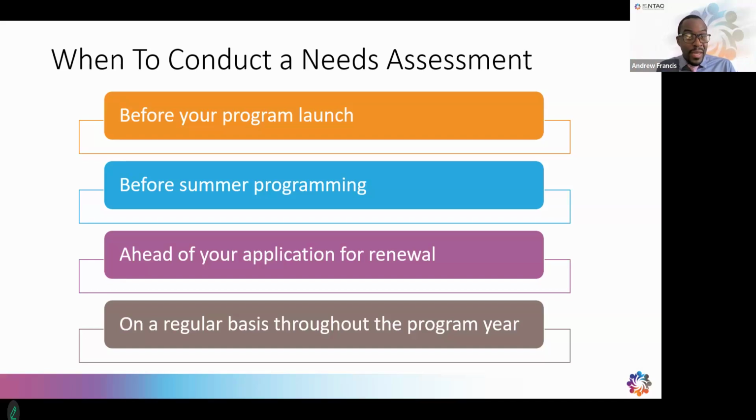Now, as you're implementing, you probably start program implementation for the school year, and you probably have gone for that period. Just before summer programming, you want to also do some sort of needs assessment to see how have things changed? How have students progressed?